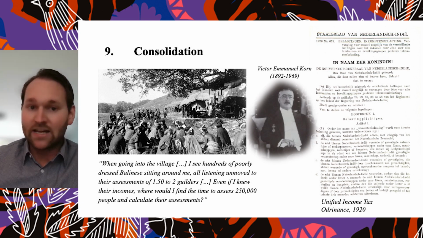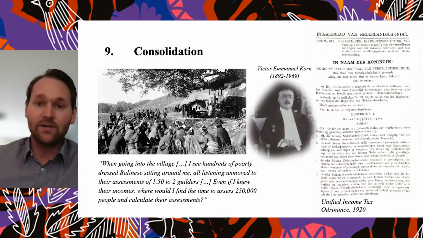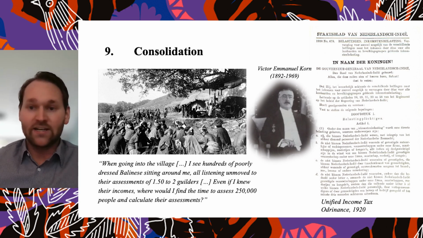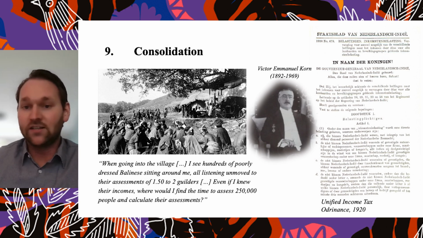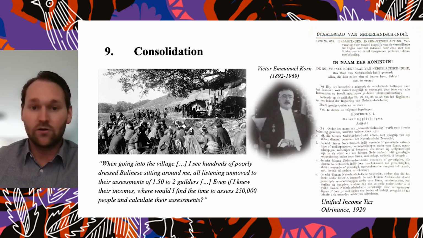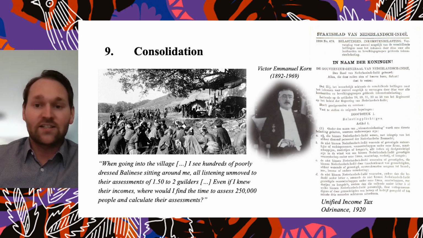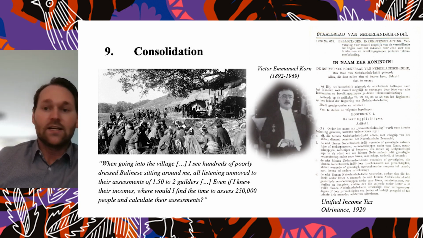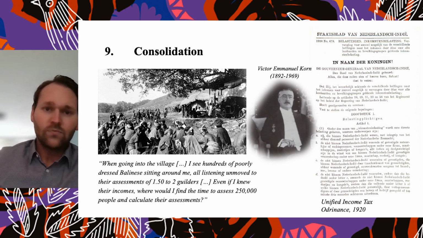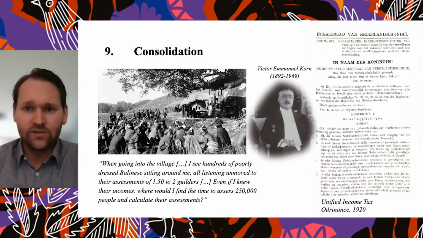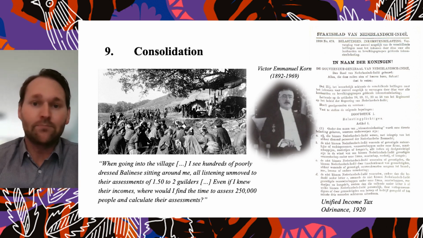So the Dutch tried to reclaim control over all these taxes, and then they began merging all these various tax arrangements for Europeans, Chinese people, and all the different indigenous population groups across the archipelago into an overarching tax system, arriving ultimately at a unified income tax in 1920. However, though meticulously detailed in its design, this 1920 unified income tax appeared to be highly impractical.